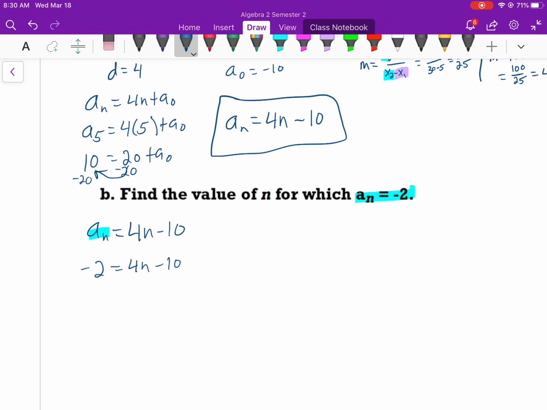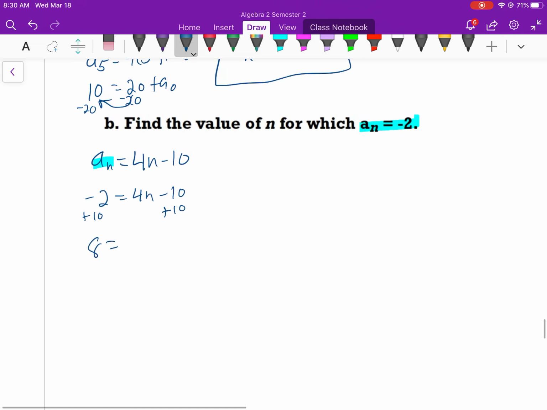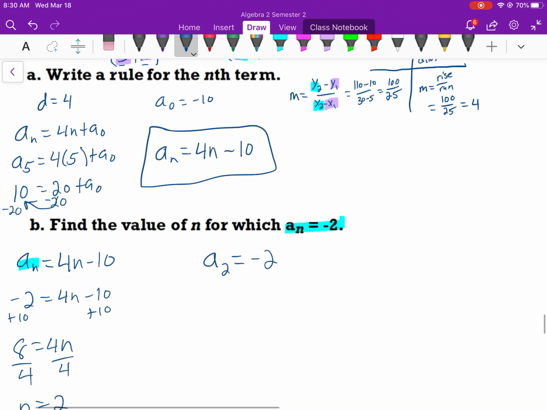And what's left is just to find n. I can add 10, we get 8 is equal to 4n, divide by 4, n is equal to 2. So this is saying a sub 2 is negative 2, meaning the second term is negative 2.